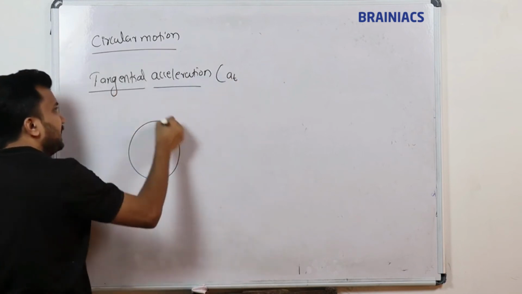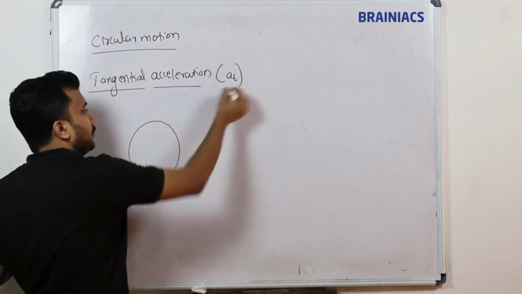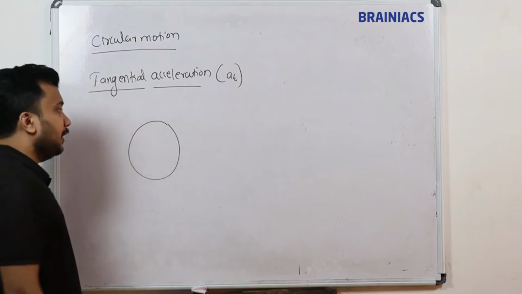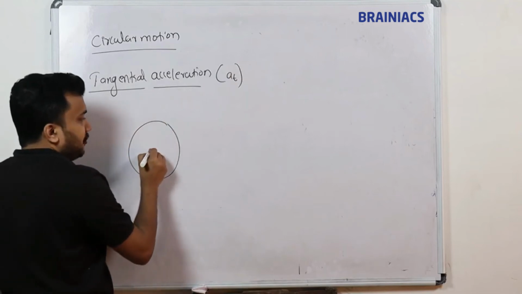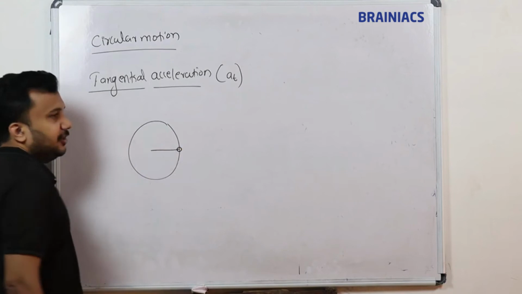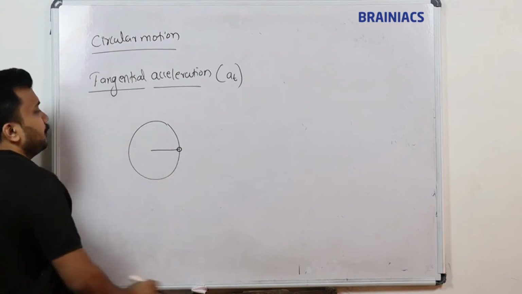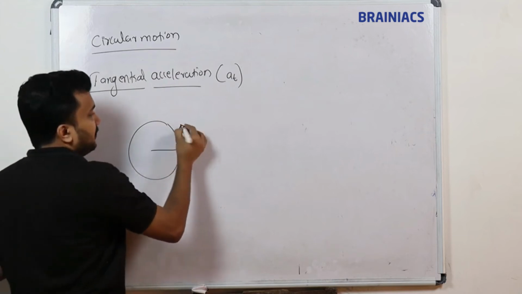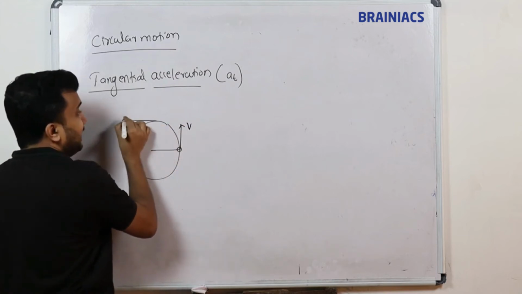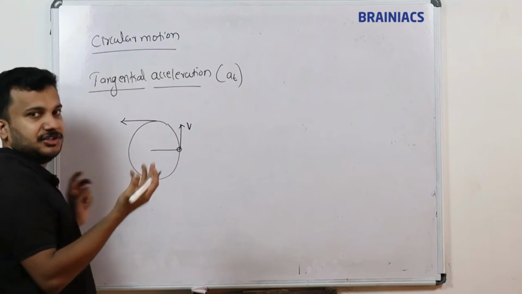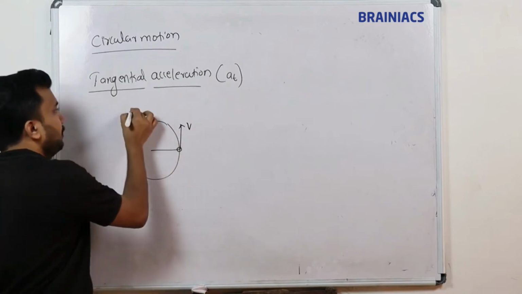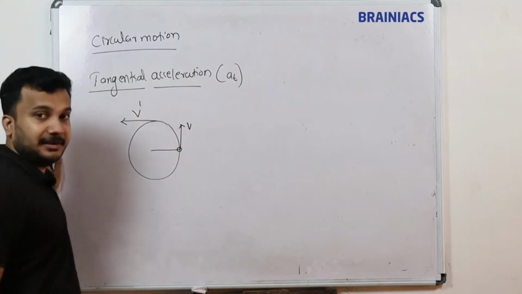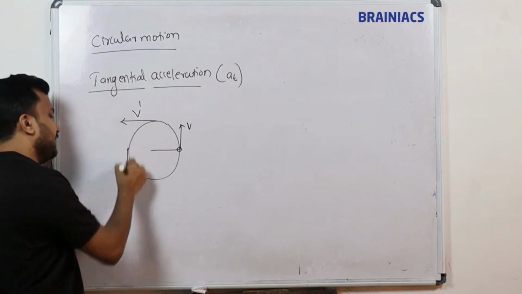Listen, in a circular motion, I have a string connected here, and at the end there is a bob. At each and every position of the bob, let me take different positions. Here it has one velocity v. Here it has a different velocity; the value changes. Here it is 5 meter per second, maybe here v dash 10 meter per second or 2 meter per second, any other value.